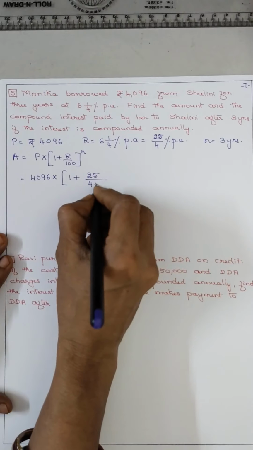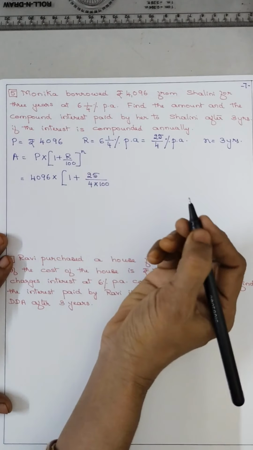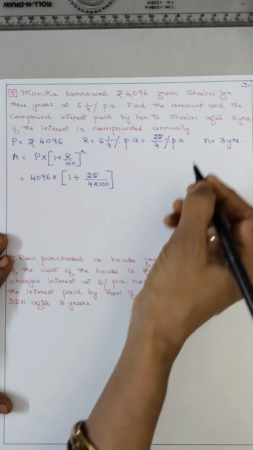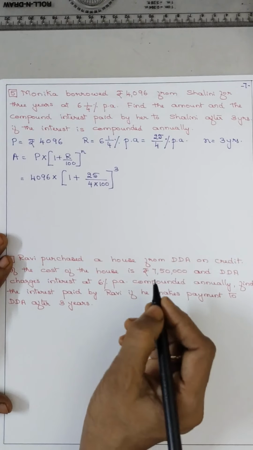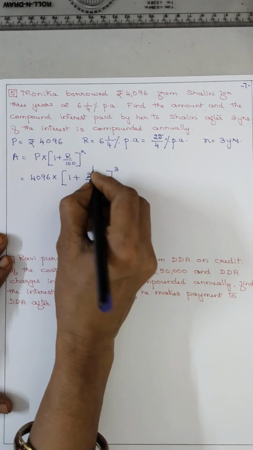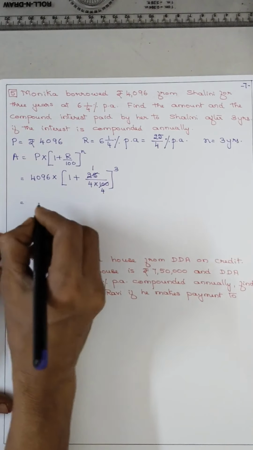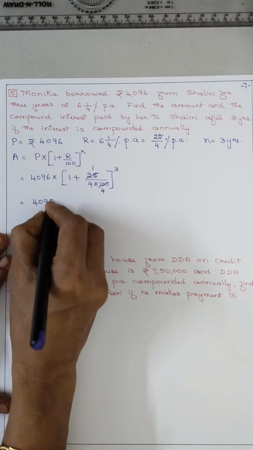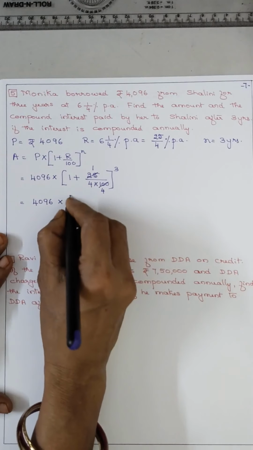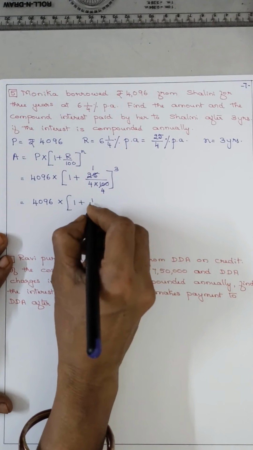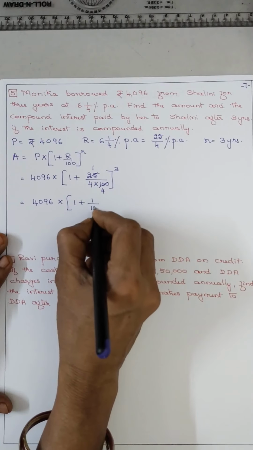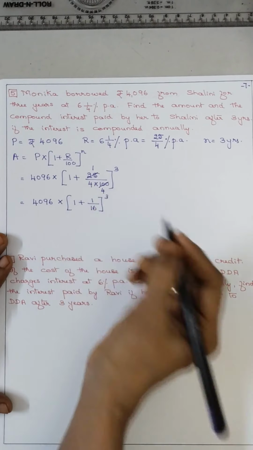If it is a fraction, in the denominator put 100, the whole raised to 3. Now 25 1s are 25, 4s are 100. So it becomes 4096 into 1 plus 1/4, 4s are 16, the whole raised to 3.